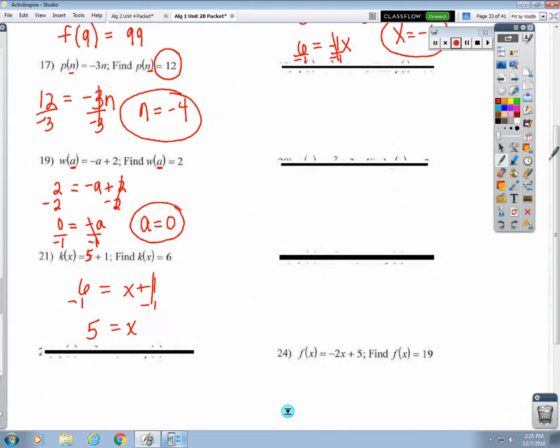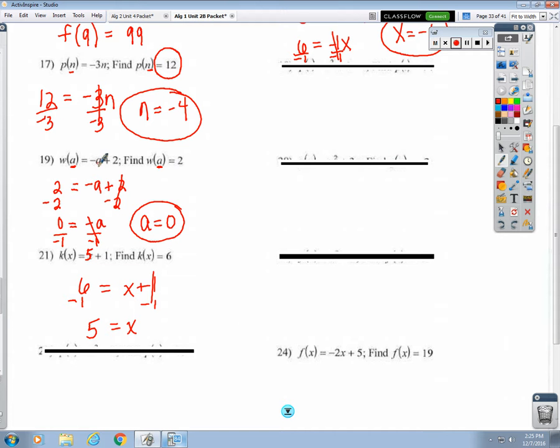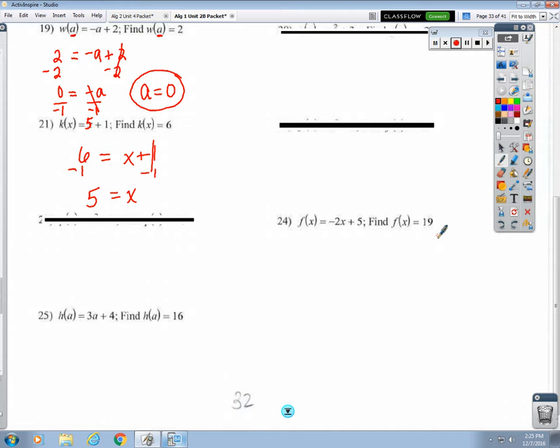Sometimes they're wanting you to replace the variable in the problem, and sometimes they're wanting you to replace the overall answer it's equal to. Okay, number 24. F of x equals negative 2x plus 5. Find f of x equals 19. Same thing. It's the transitive property.